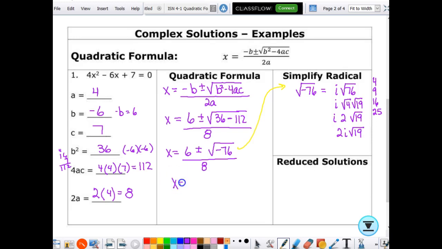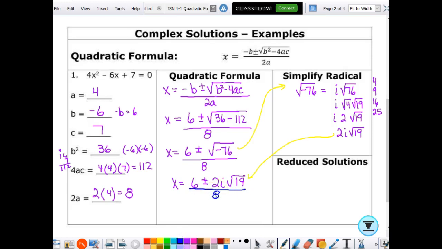I'm going to come back over here, 6 plus or minus 2i times the square root of 19. Okay, this square root of negative 76 became 2i times the square root of 19 because we used that little box over there to kind of help us out. And then don't forget your 8. That's another careless mistake.